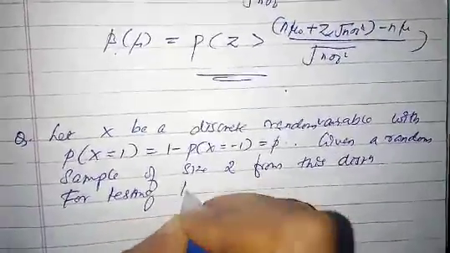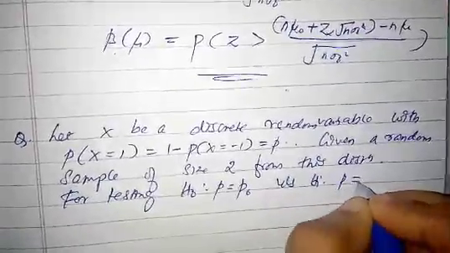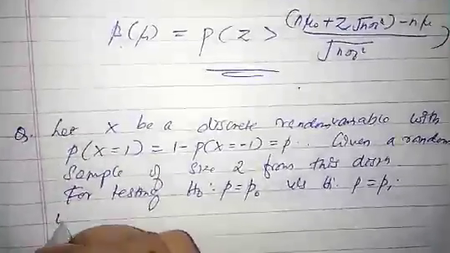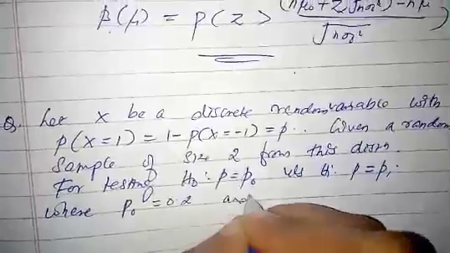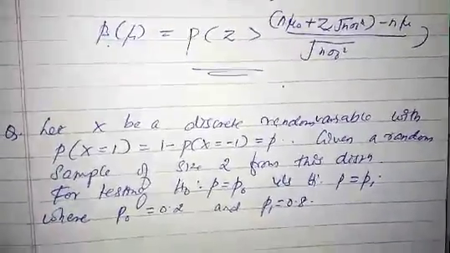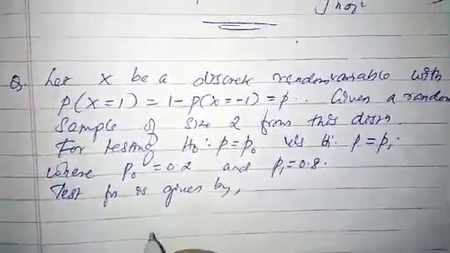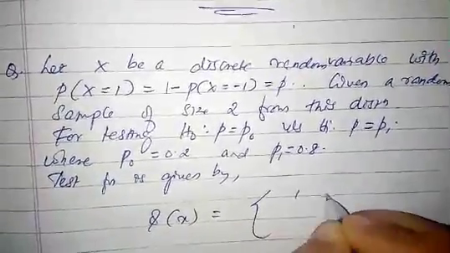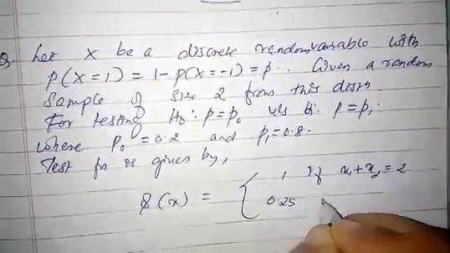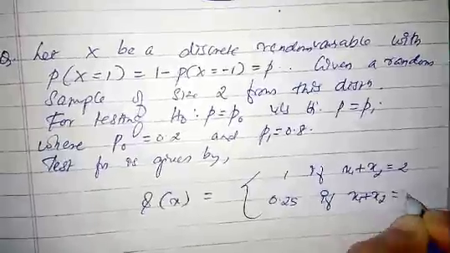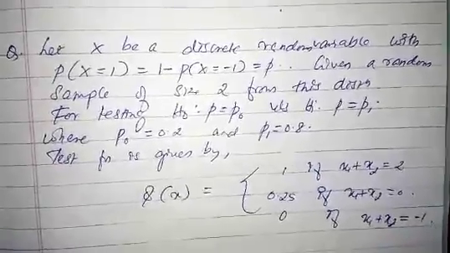for testing H naught p equal to p naught versus H1 p equal to p1, where p naught equal to 0.2 and p1 equal to 0.8, and the test function is given by phi of x equal to 1 if x1 plus x2 equal to 2, 0.25 if x1 plus x2 equal to 0, and 0 if x1 plus x2 equal to minus 2.